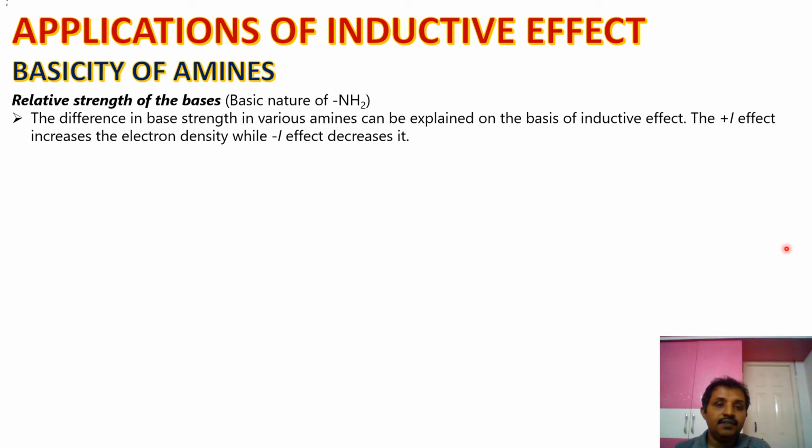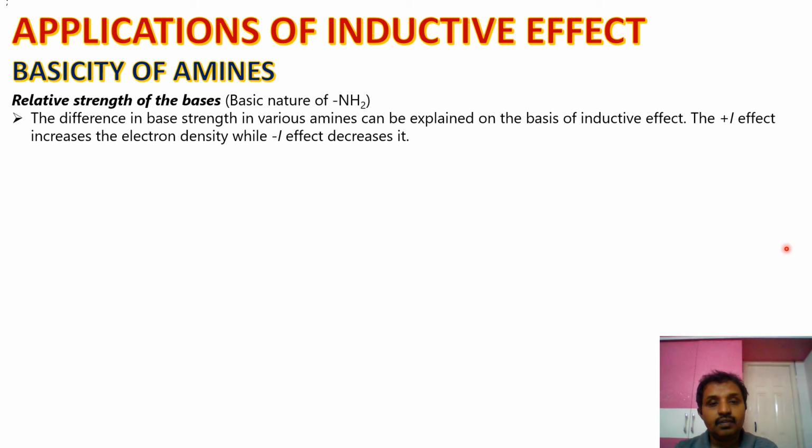In the reverse case, if groups showing the negative inductive effect are introduced, that is, chlorine is substituted on the ammonia molecule, then the basicity decreases. With the alkyl group, basicity increases.